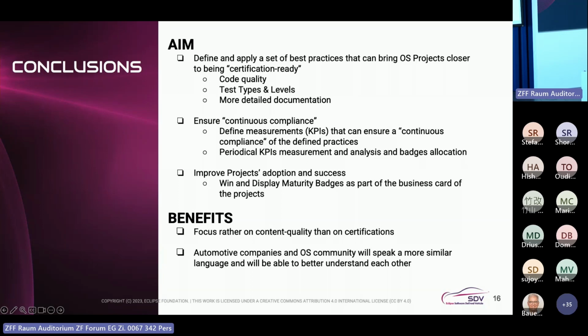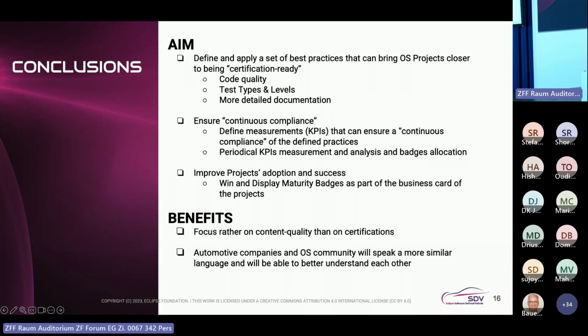We also want to ensure continuous compliance. So it's not enough that for the first iteration, so let's say for the first release of a project, we have the appliance of this newly defined process, but rather that we keep on doing that, so we increase the quality of the end product. And finally, we want through this to improve the project's adoption and success.